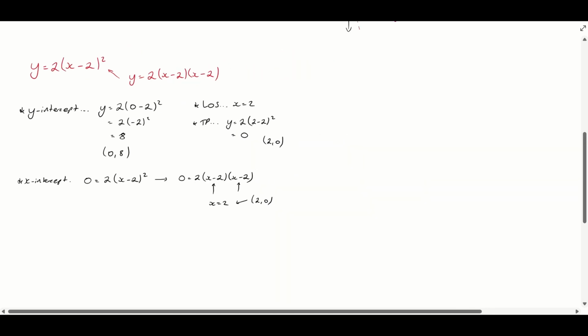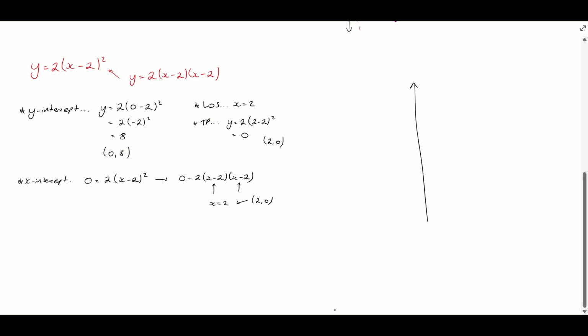So if we came over and sketched this, we have our y-intercept up at 8, so that's that point there. So we can mark that all the way up here. We have our x-intercept at 2, so down here. And that is also our turning point and lies on our line of symmetry.